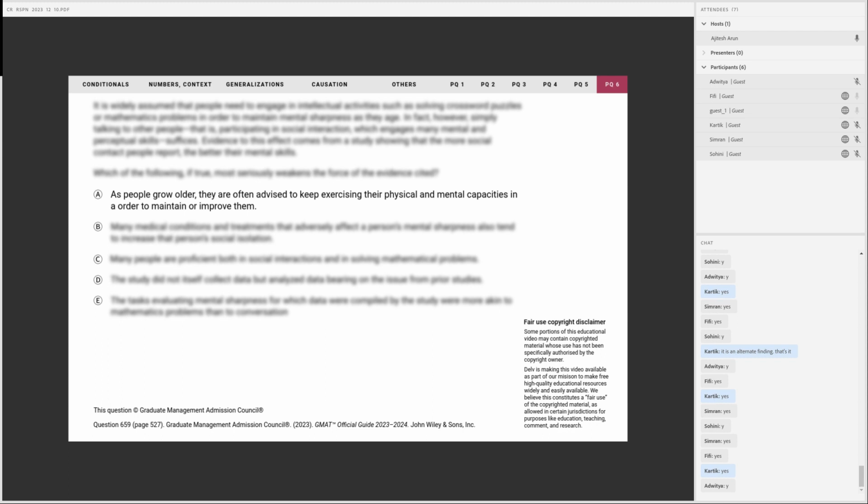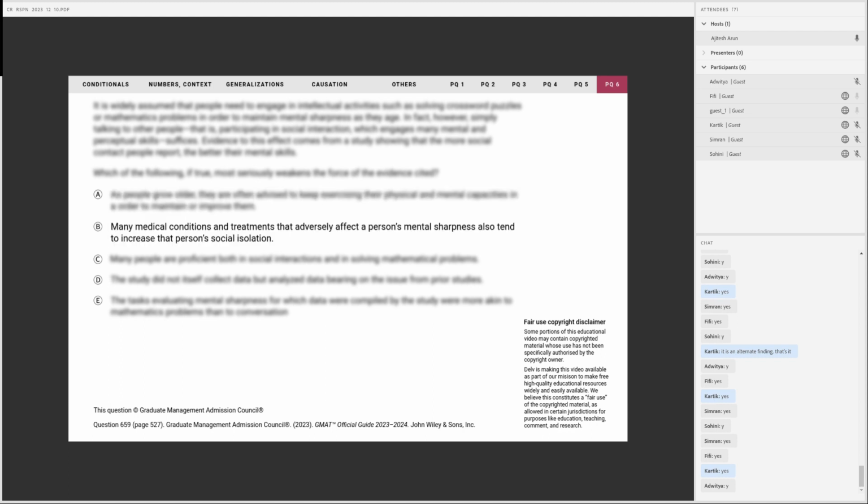So remember, the author is not trying to convince us that social interaction is the only way to do it. They're just saying social interaction is enough. You don't have to do anything else if you don't want to. So this option doesn't tell us anything about whether social interaction, talking to people, is enough or not. So option A is out.